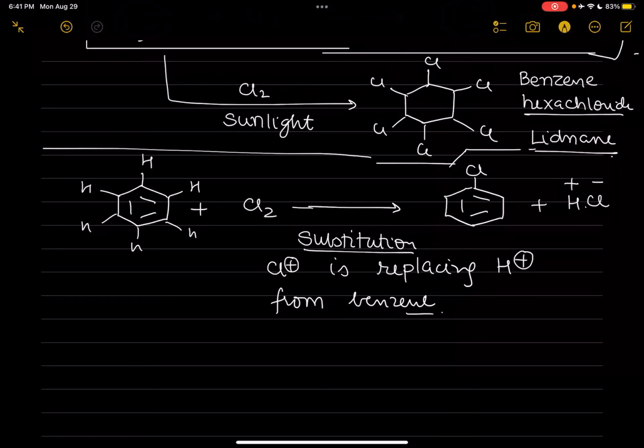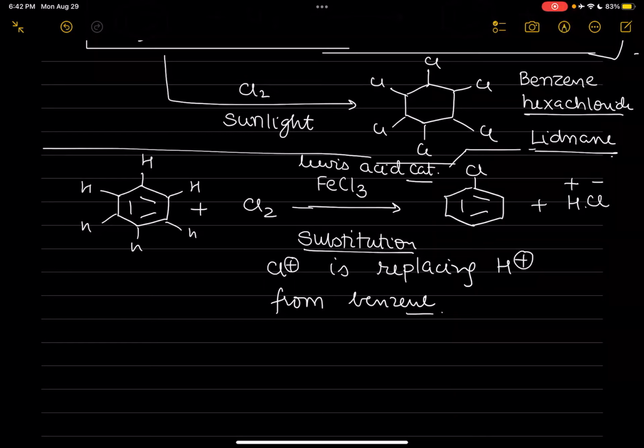So how do you generate that Cl plus? Cl plus is generated by taking a Lewis acid catalyst.